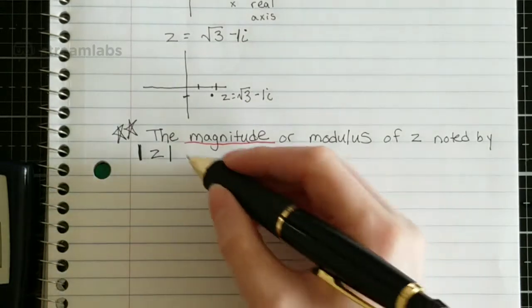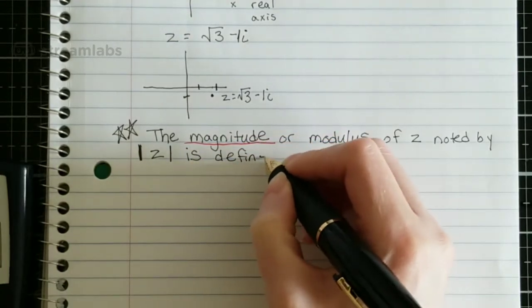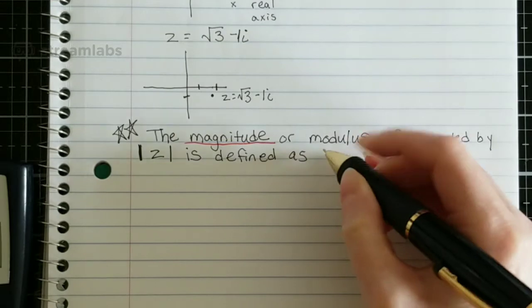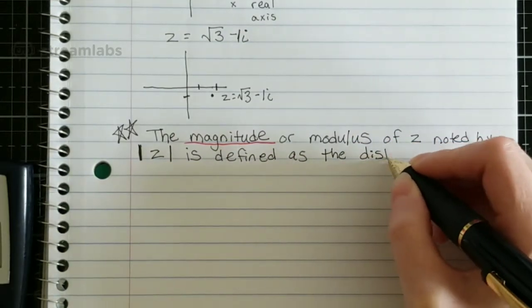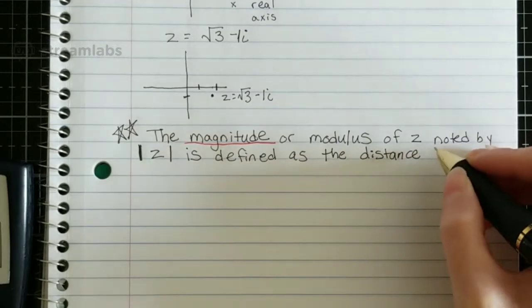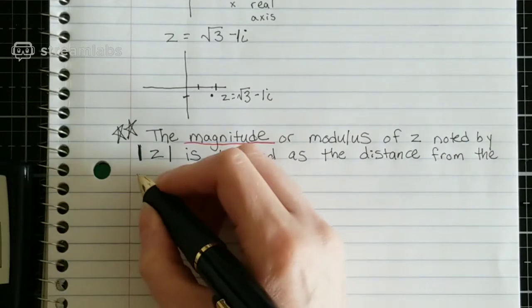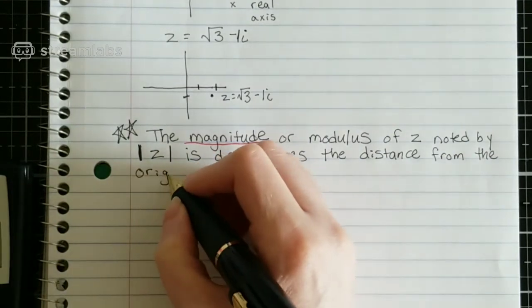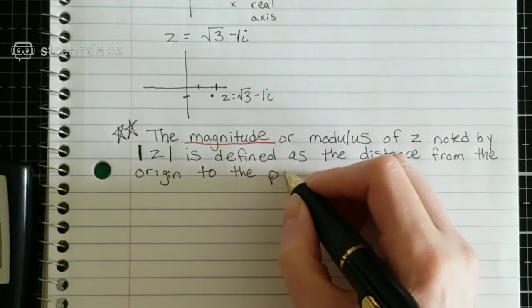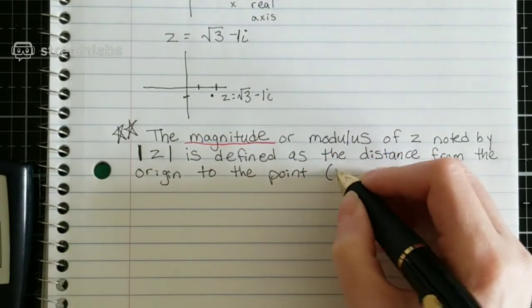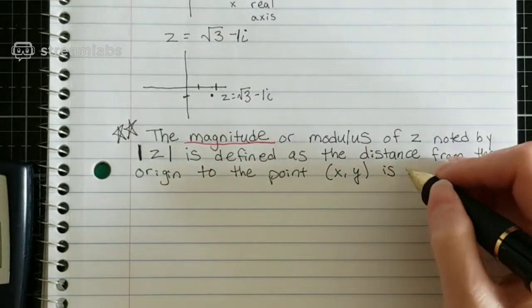All right, so this is defined as the distance from the origin to the point x comma y, and then this is what it is.